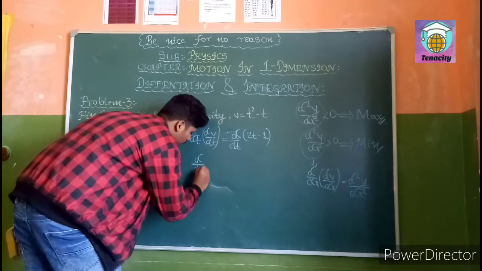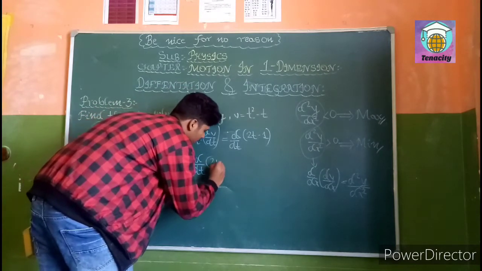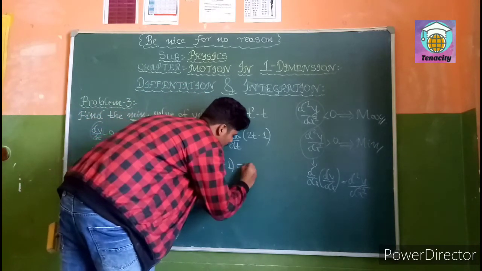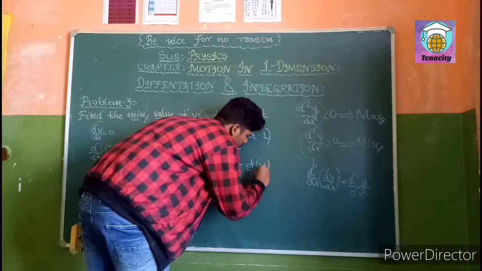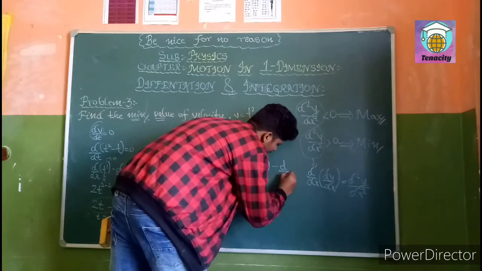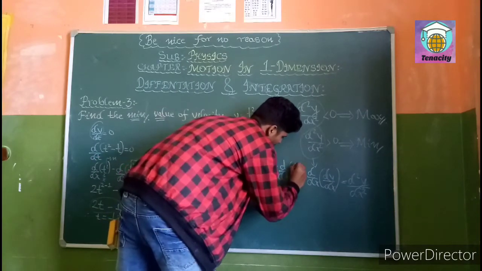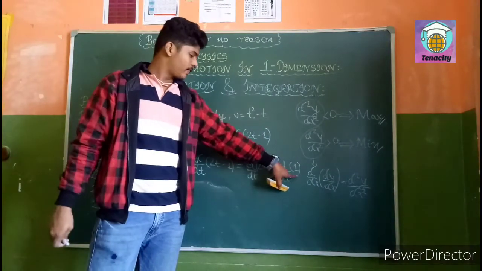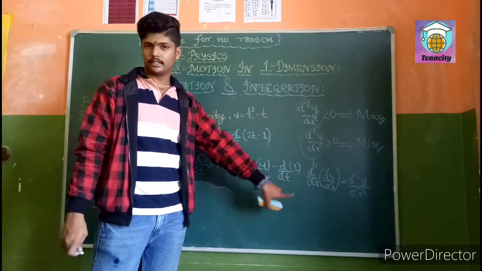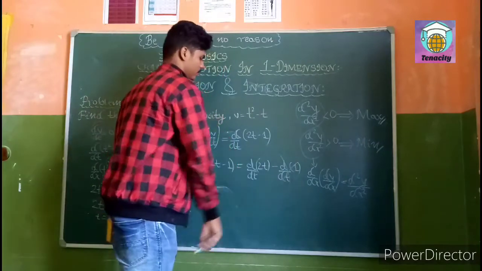d by dt of 2t minus 1 is equal to d by dt of 2t minus d by dt of 1. As I said, the differentiation of a constant is 0. Neglect this.